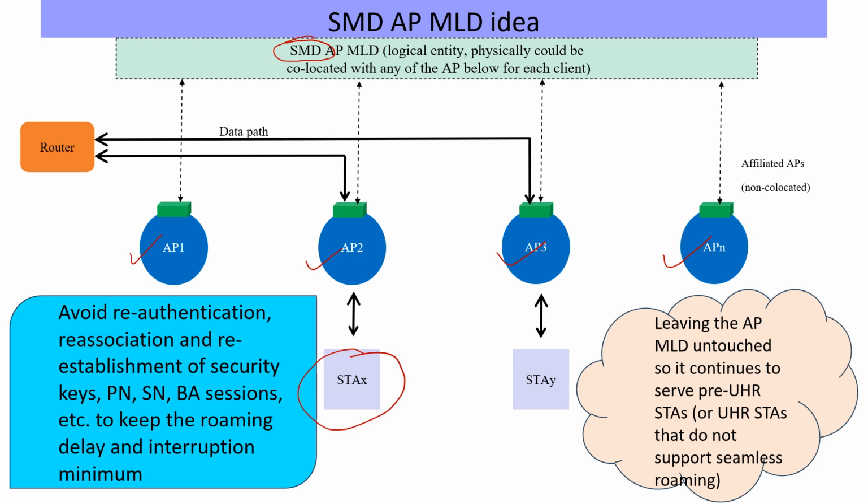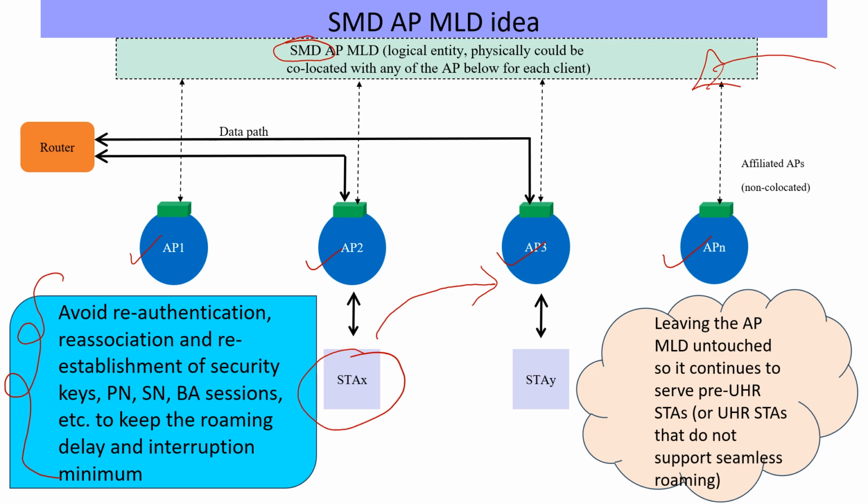The key idea is that since your security related operations are now tied to the address of this SMD, you will avoid a lot of the housekeeping operations when the station moves from this AP, say, to a neighboring AP. And of course, you still want the AP to serve legacy clients smoothly, so all that is taken care of.